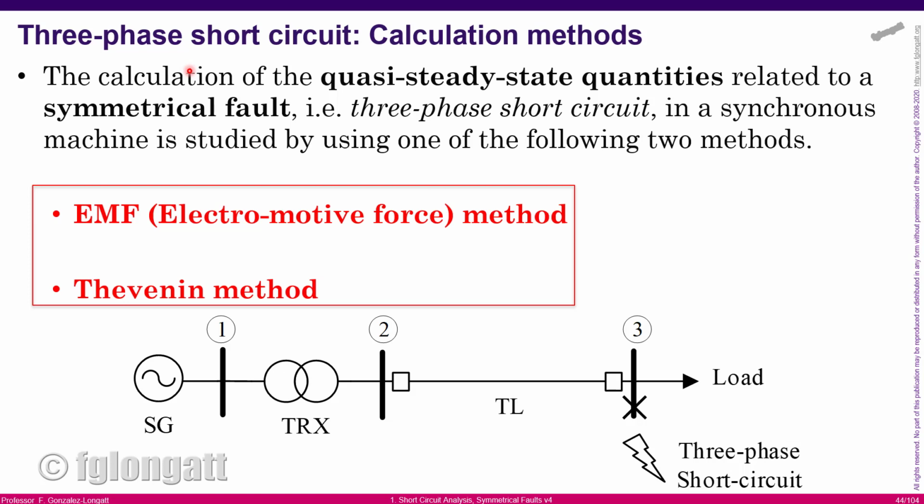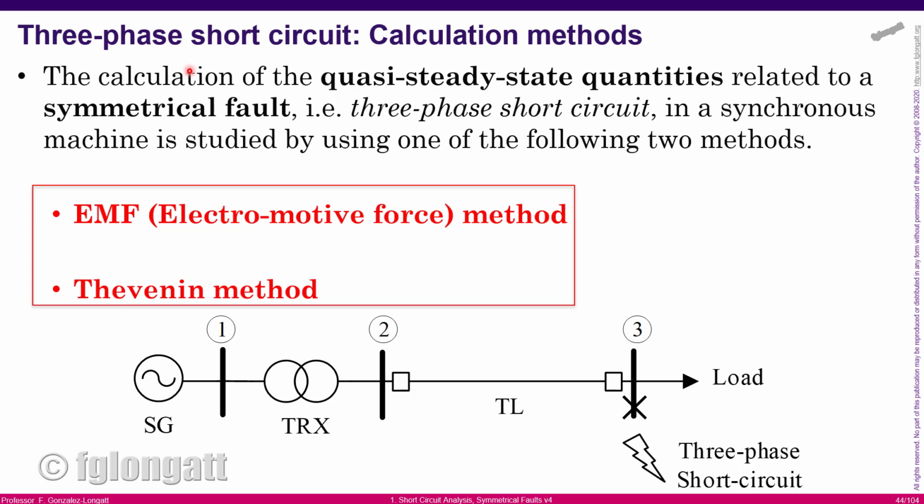From now on, I will be talking only about this situation, using quasi-steady state quantities, using phasors to represent voltages and currents, impedance to represent the resistance, reactance, and capacitance, and this is basically the tool that we use for short circuit analysis, okay?